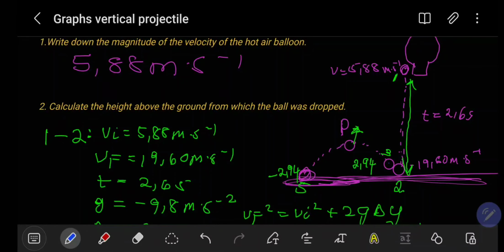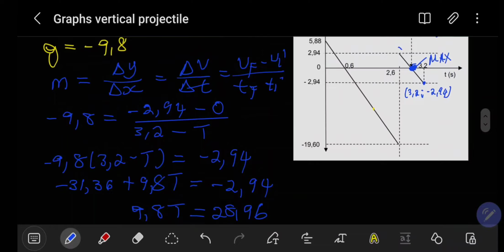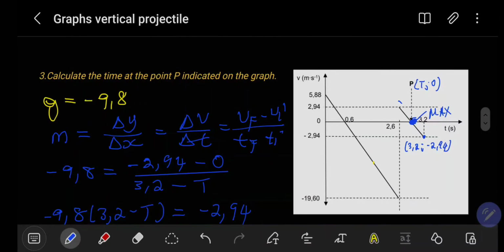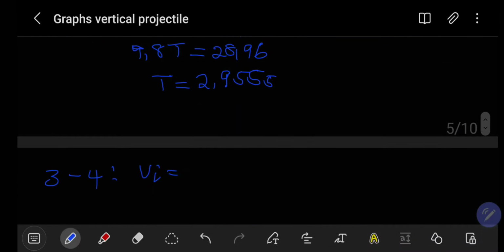The initial velocity is the velocity at which the ball leaves the ground, which is 2.94 meters per second.